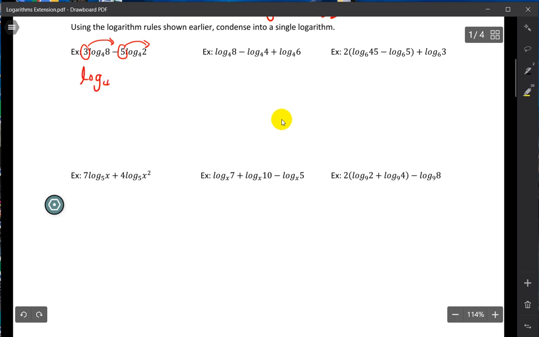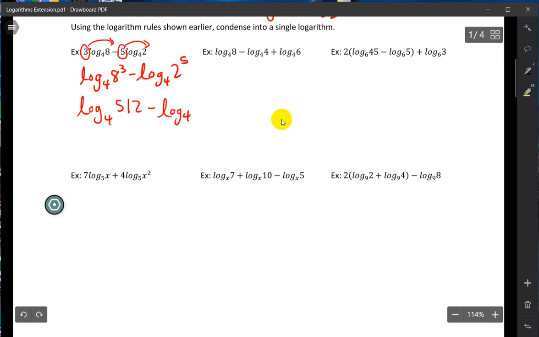This is log base 4 of 8 cubed minus log base 4 of 2 raised to the 5th. Okay. So if we go ahead and simplify what we have on the insides here, 8 raised to the 3rd power is 512. So this is log base 4 of 512.